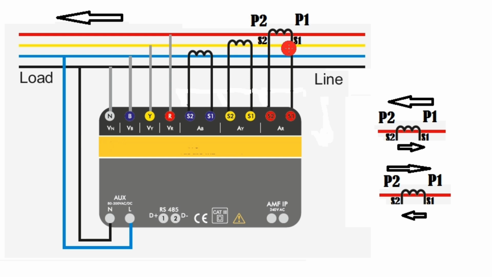So in this case, the current through the CT coil in the red phase will be from S2 to S1 and come back to the S1 point. Now, if there is a flow of current from S2 to S1 direction, this CT coil shows a reverse direction, or there will be a 180-degree phase shift in the CT coil.